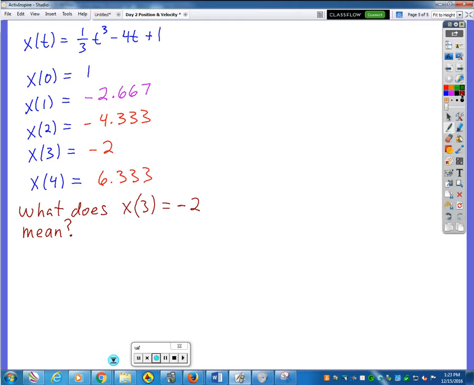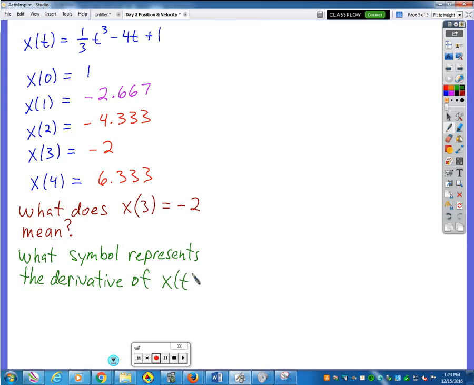Answer this. What symbol represents the derivative of x of t?